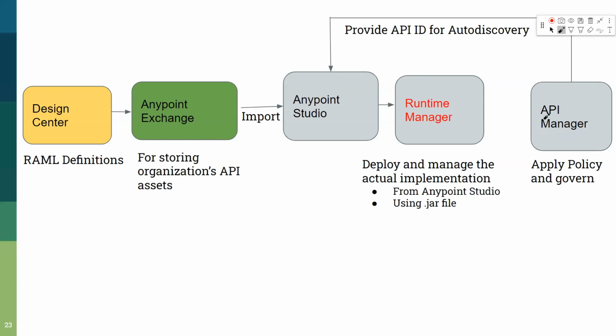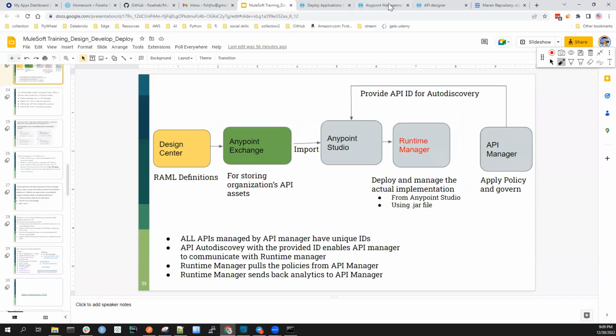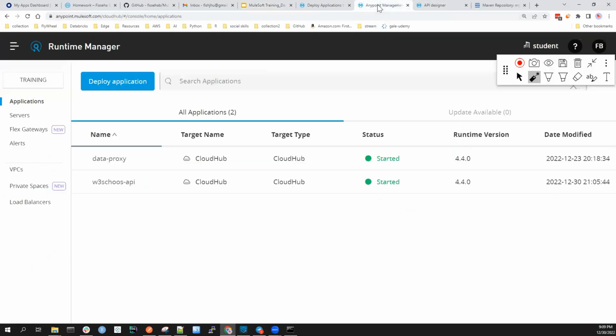Then it downloads the policies, and now there are policies. Even if you run it locally on your computer, if you have added auto discovery, it will still apply the policies, even when you deploy it locally on your computer. So that's it.